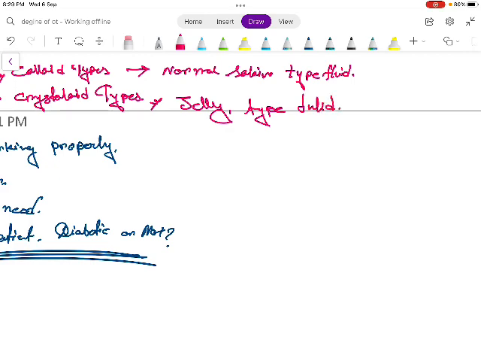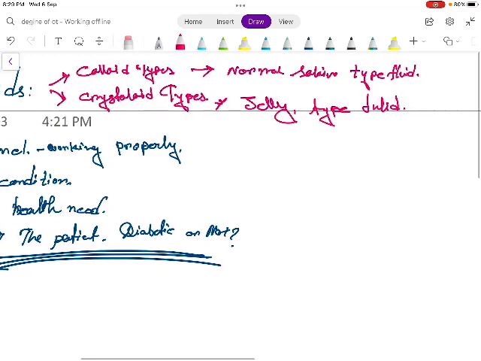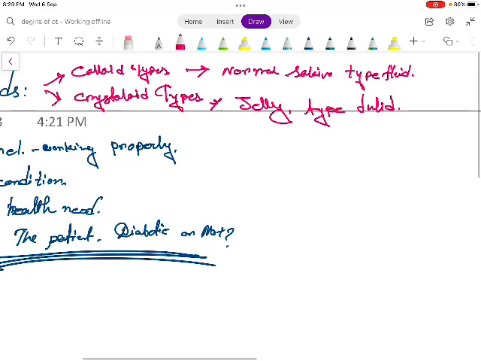You know from chemistry in the 11th class what is crystalloid and what is colloid, so I would not like to describe that more. You have to know about that, and then you can get the proper idea of what is crystalloid and what is colloid.